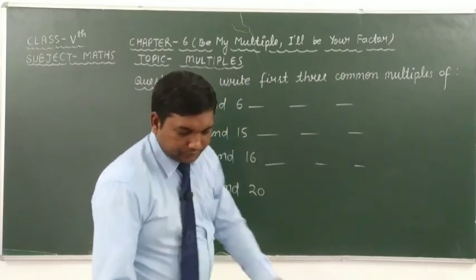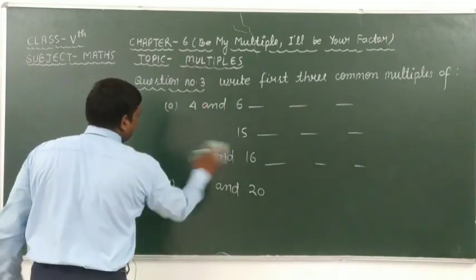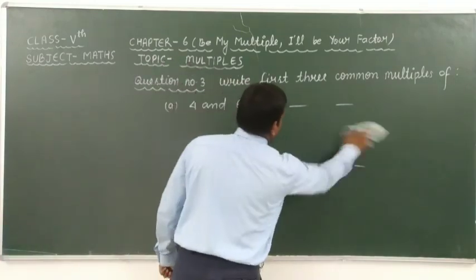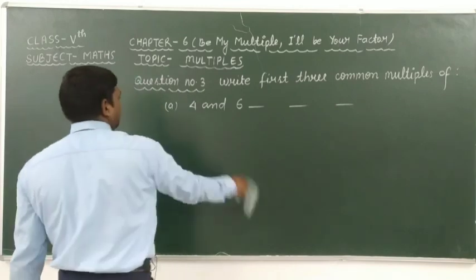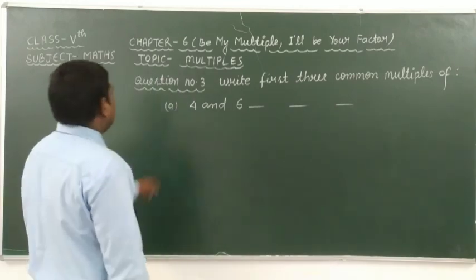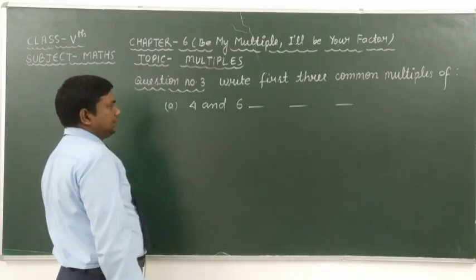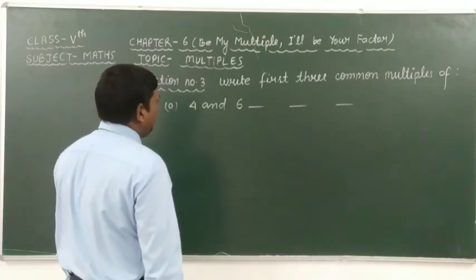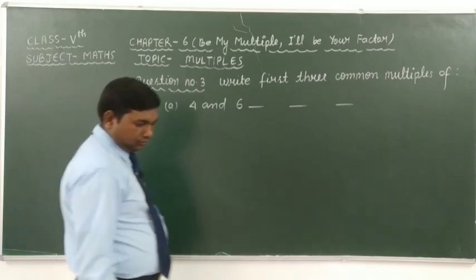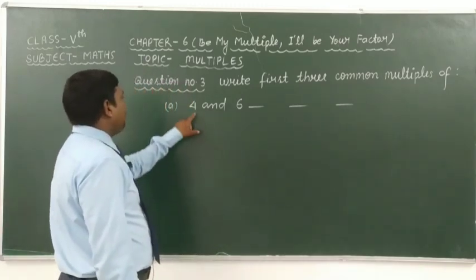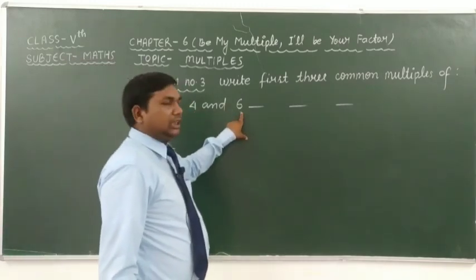Okay students, look at here carefully. Here given question number 3 of A, 4 and 6. Firstly, we have to write the multiples of 4 and the multiples of 6.